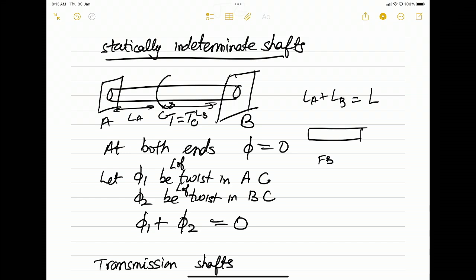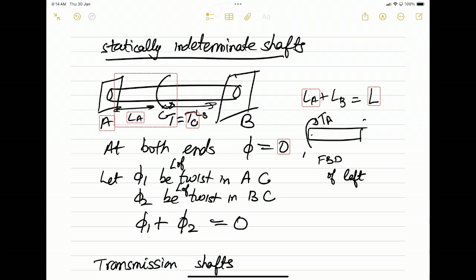If I draw a free body diagram of the left part, on the two ends you will have forces and torques. The torque on the left end, let us say, is TA.